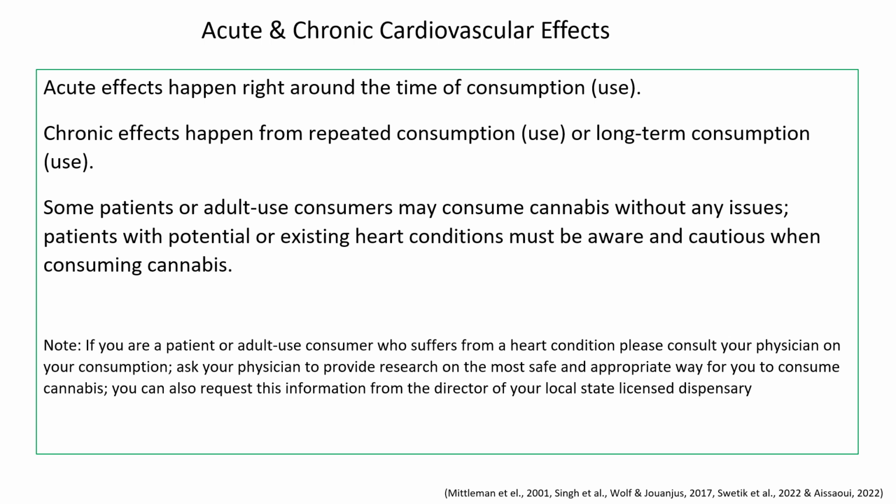Patients with potential or existing heart conditions must be aware and cautious when consuming cannabis. If you are a patient or adult use consumer who suffers from a heart condition, please consult your physician on your consumption. Ask your physician to provide research on the most safe and appropriate way for you to consume cannabis. You can also request this information from the director of your local state licensed dispensary.